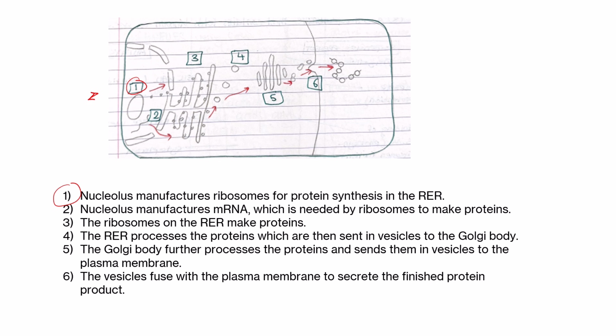The ribosomes on the RER make proteins. The RER is going to process the proteins, which are then sent in vesicles to the Golgi body. The Golgi body further processes the proteins and sends them in vesicles to the plasma membrane. The vesicles fuse with the plasma membrane to secrete the finished protein product.